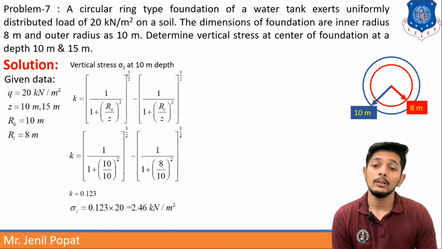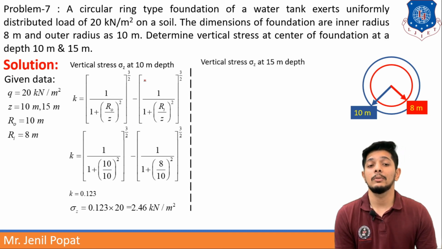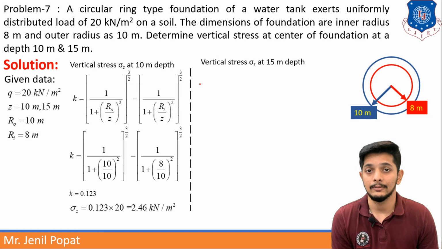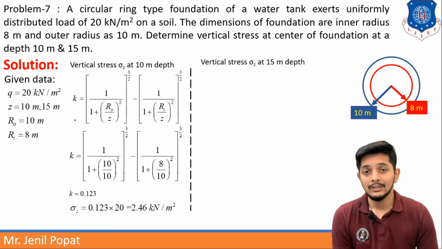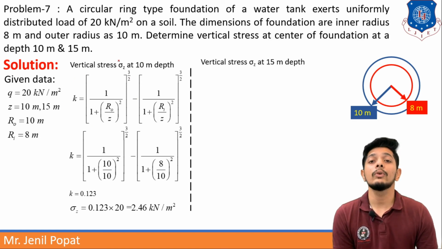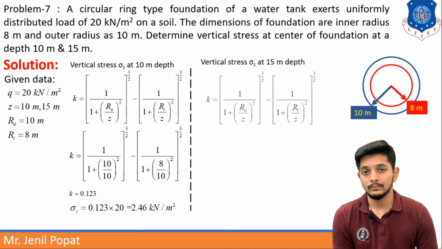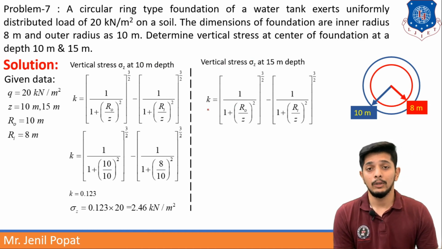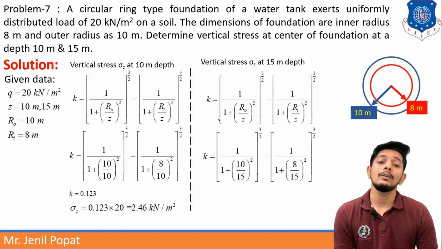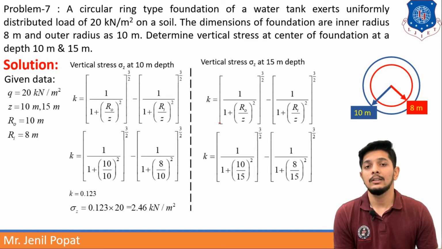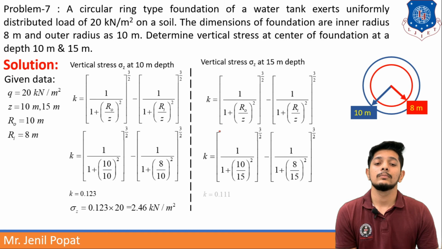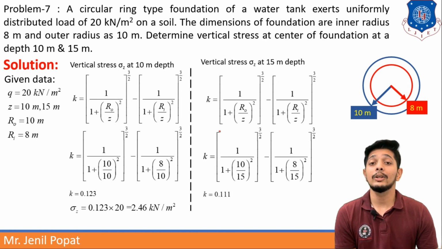Now I have to do what? For depth 10 meter and 15 meter, I have to find it out. So till now we have found out for 10 meter. Now let's move to 15 meter depth. Here formula will be same. I am putting z as 15, nothing will change, and I am getting K value as 0.111.